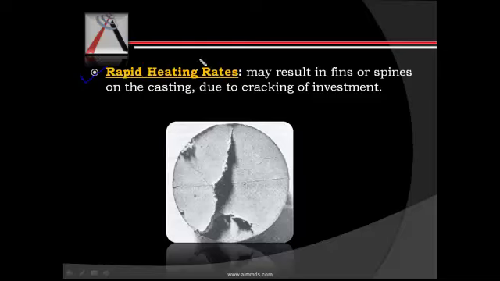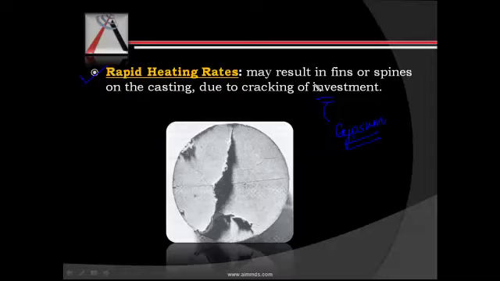Now if an investment during the burnout of wax process is heated very rapidly, it may result in cracking of the investment. This is especially true with gypsum investment materials, which are not very resistant to heating.